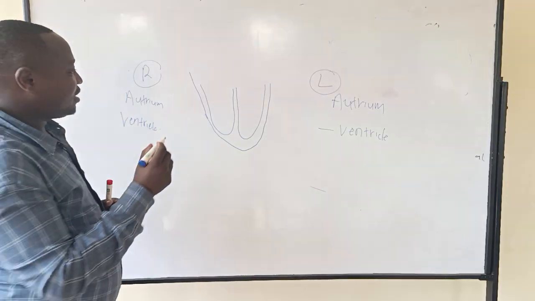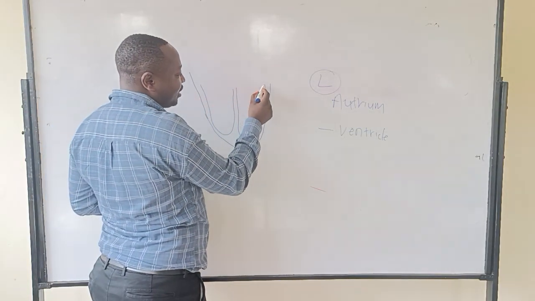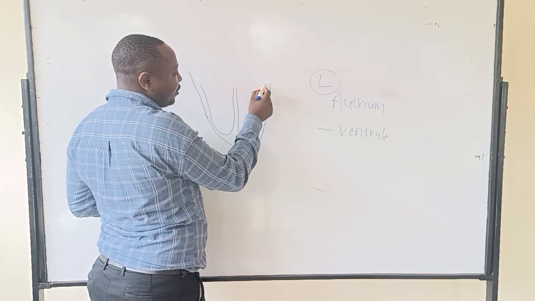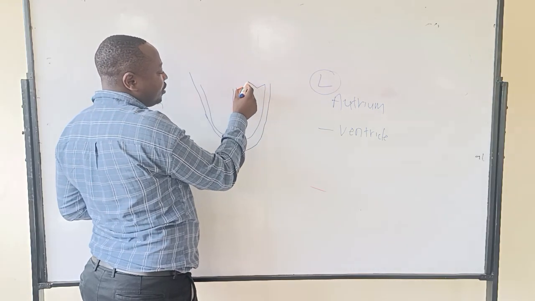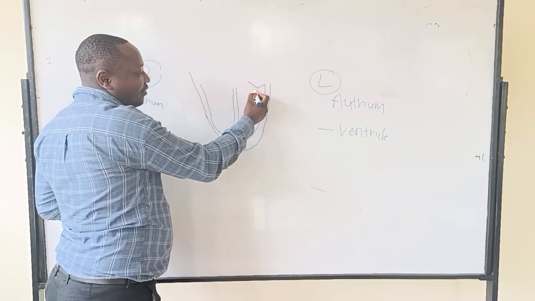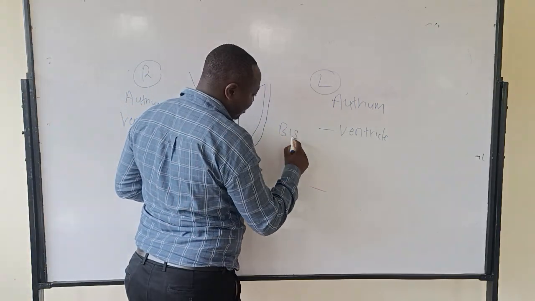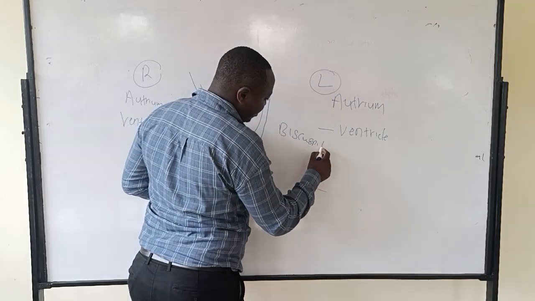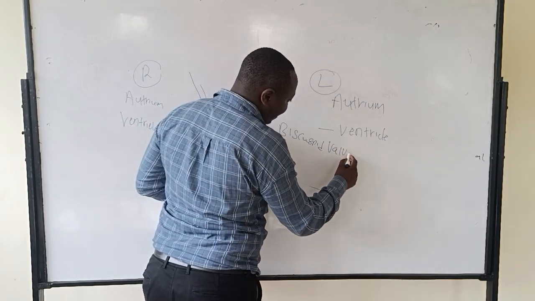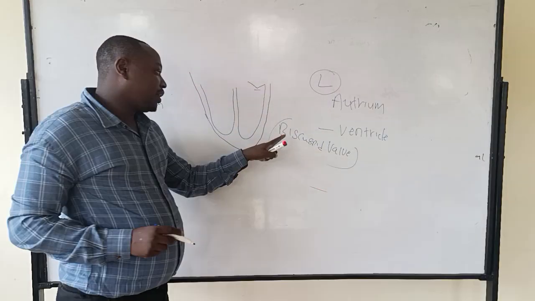So you'll find that on the left side, we have this valve, which we call the bicuspid valve. Why do we call it bi?